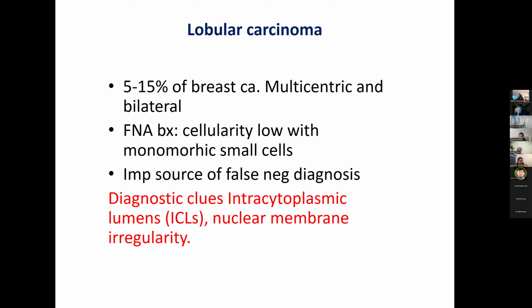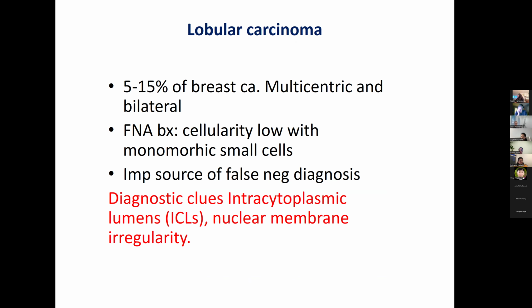The more important diagnostic clues would be looking at the nuclear membrane irregularity and also the presence of intracytoplasmic lumens. Although this feature is not specific only to lobular cancers, it can also be found in ductal carcinomas.